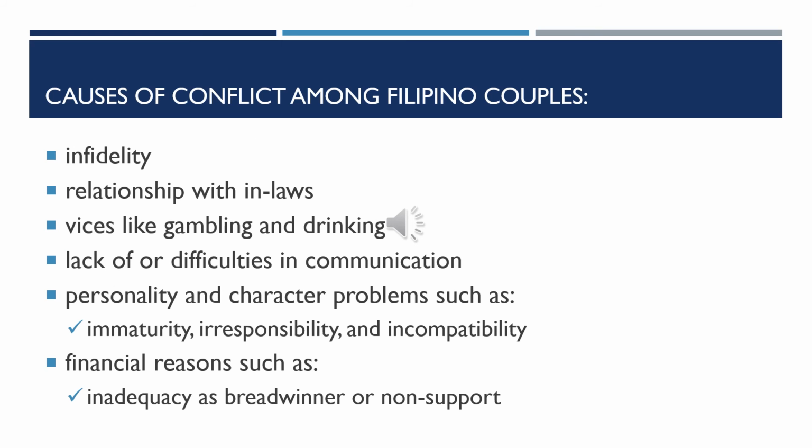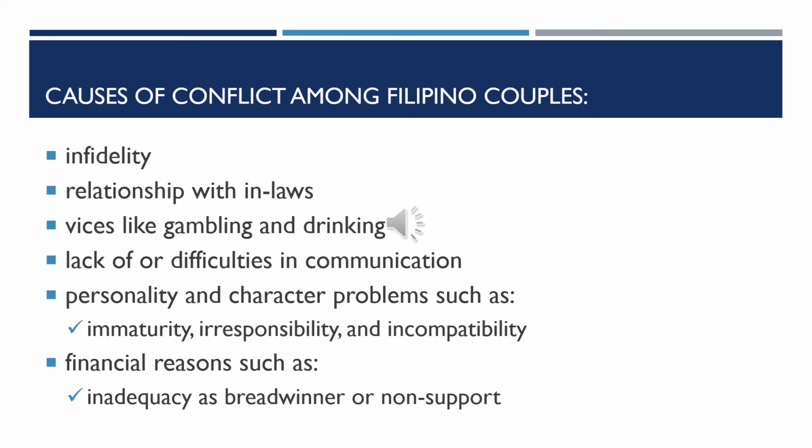Next, we have causes of conflict among Filipino couples. Una, we have infidelity, yung hindi pagiging tapat ng mag-asawa. Next, relationship with in-laws. So, hindi maganda yung relationship mo kay biyenan, no? So, isa yan sa mga cause ng conflict. Vices like gambling and drinking, lack of or difficulties in communication.